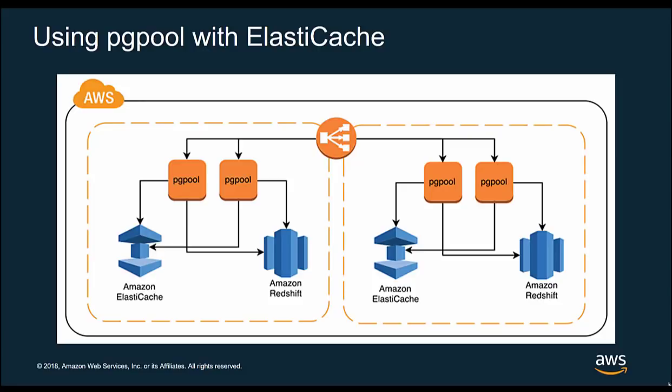And for those of you that are familiar with data warehousing and with Redshift in particular, Redshift and other data warehouses, for the most part, are not designed for high volume throughput, right?